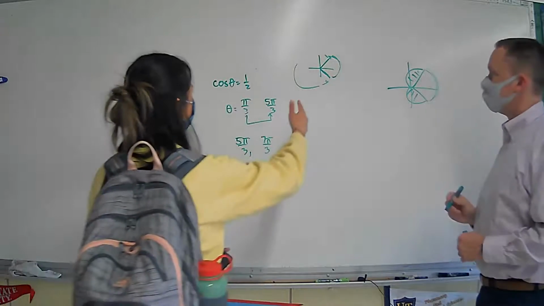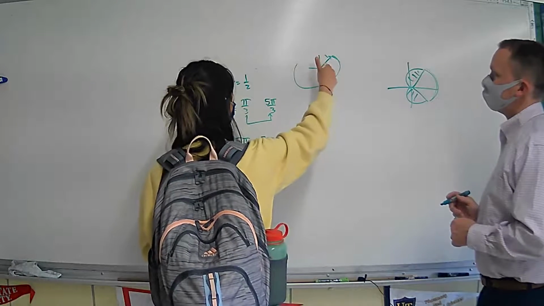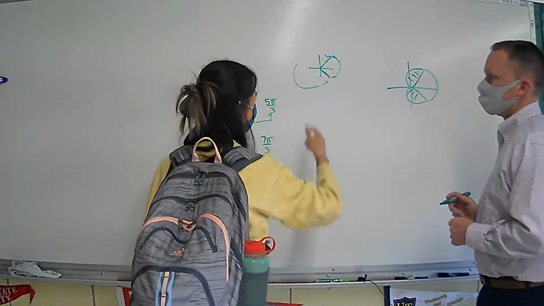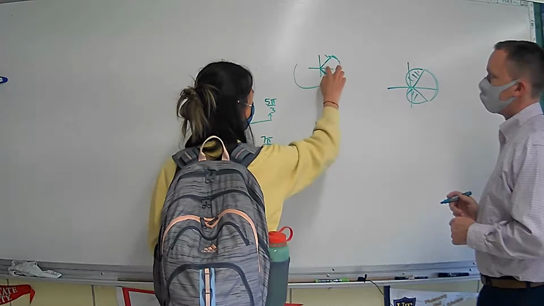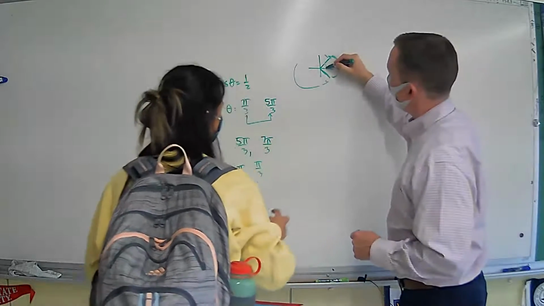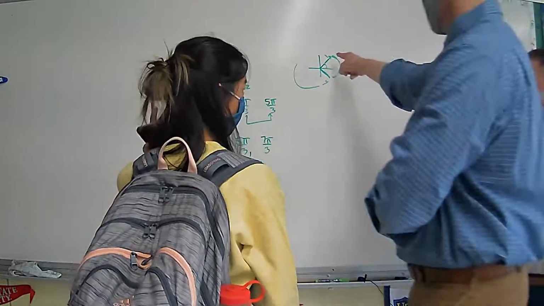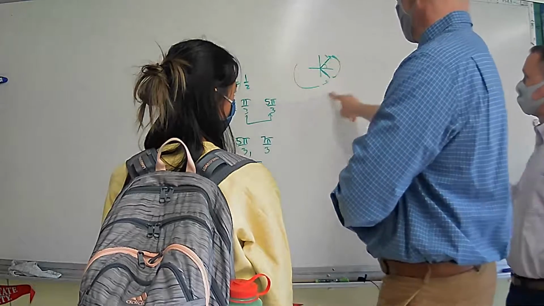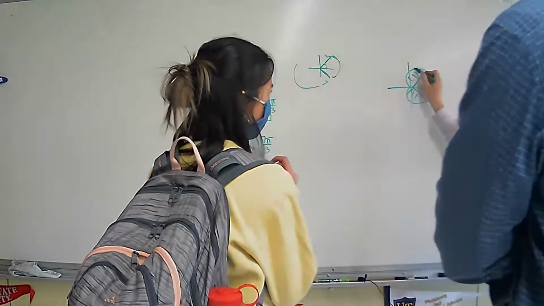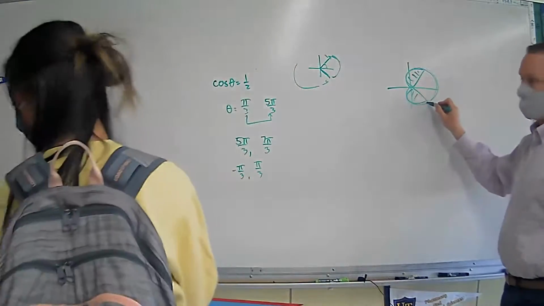If you start here and go toward 5 pi over 3, you go that direction, so it sweeps out this part of the graph.